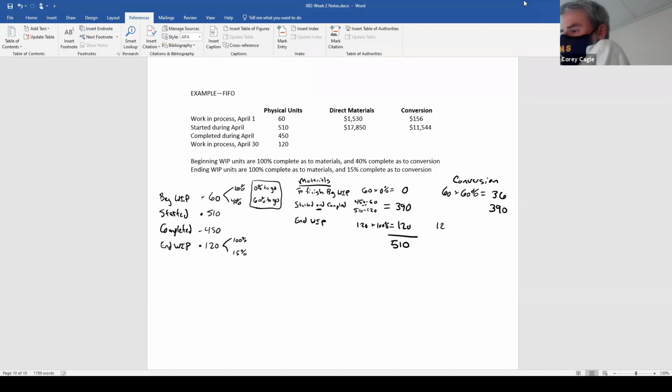And then 120 units times 15%. So 444 equivalent units of conversion. All right. That is our step 2.